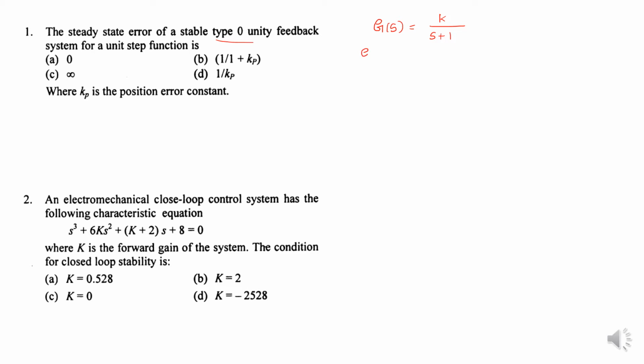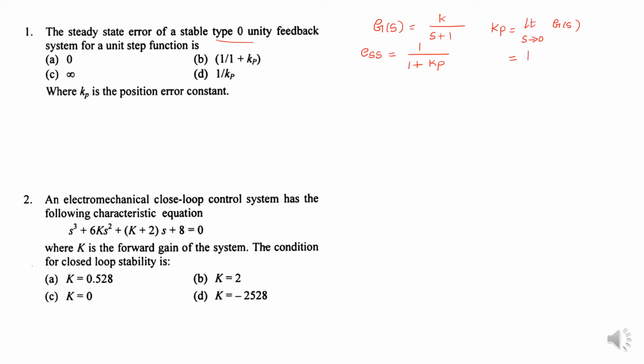I am going to find out the steady state error. For a unit step input, the steady state error is 1 by 1 plus Kp. So what is Kp? Kp is the positional error constant for the step input. How to find this? Kp is the limit as s tends to 0 of G of s.